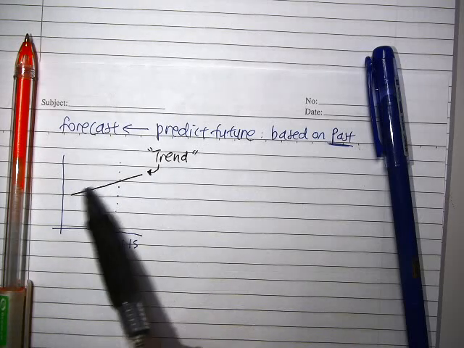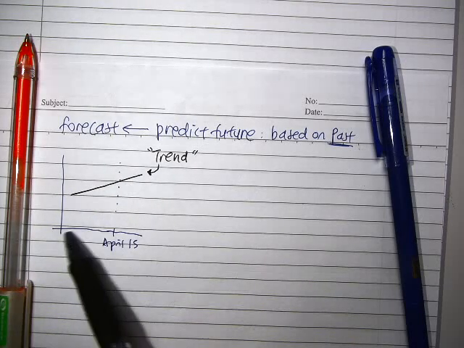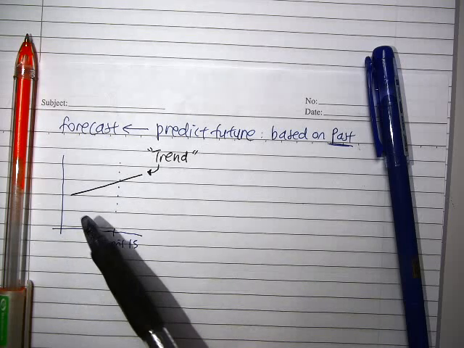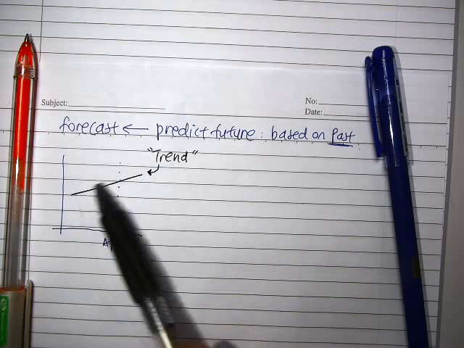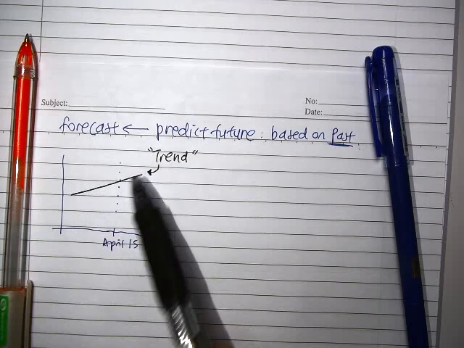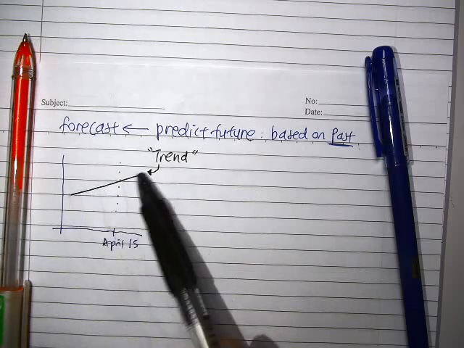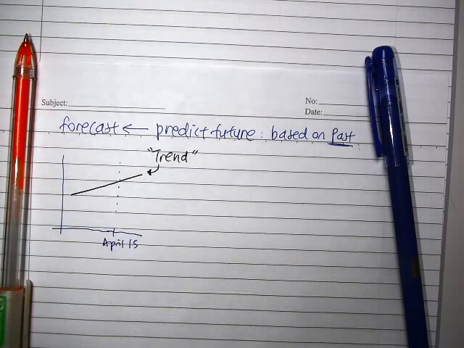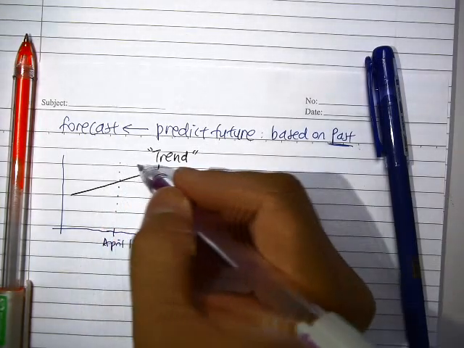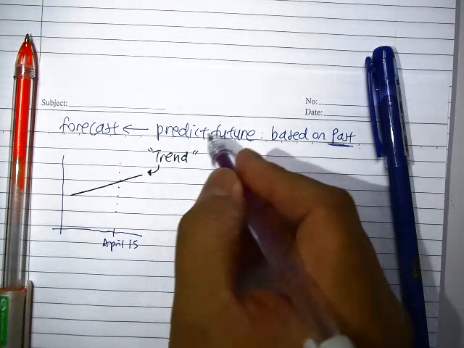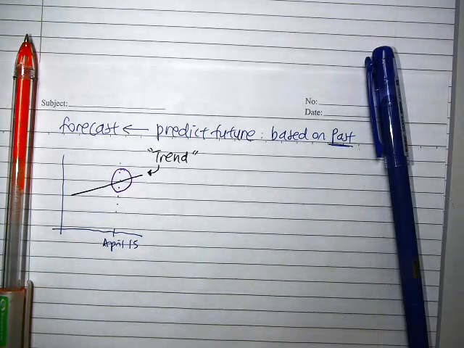Well, you come up with the trend based on the past results, and we will give you the technique later. All right, based on the past results, you start to see that there's a trend. So you'll be able to draw the trend, and when you draw the trend, then you can tell me that, oh, now I can more or less tell you, I will estimate or predict the sales is around the trend. Okay, the sales is around the trend.